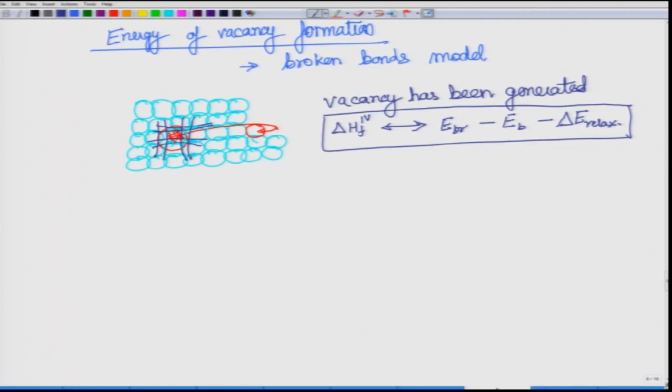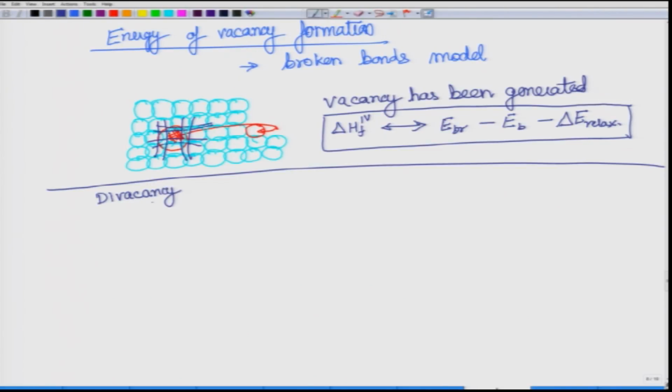Now, using this concept, what we will show is that mono vacancies can actually merge to form di vacancies. So, let us look at a simple, again broken bond model, and how it predicts that mono vacancies should merge to form di vacancies.